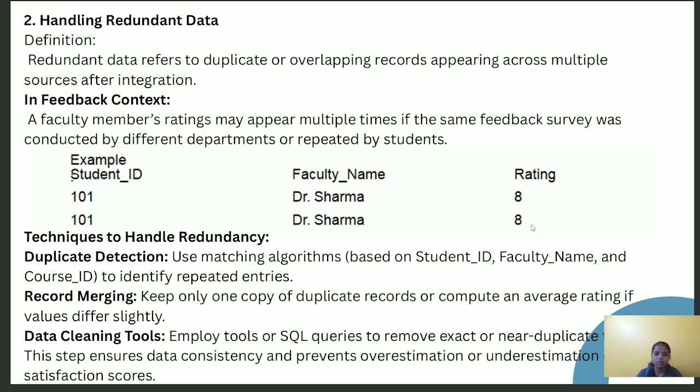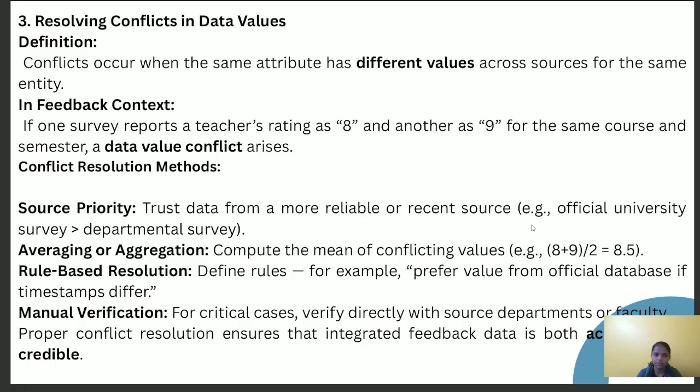Keep only one record of duplicate records, or compute an average rating if values differ slightly. Last, data cleaning tools: employ tools or SQL queries to remove the exact or near duplicate tuples. This step ensures data consistency and prevents overestimation or underestimation of the satisfaction scores.